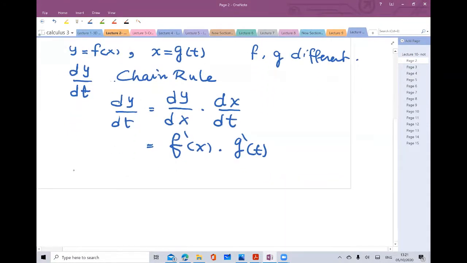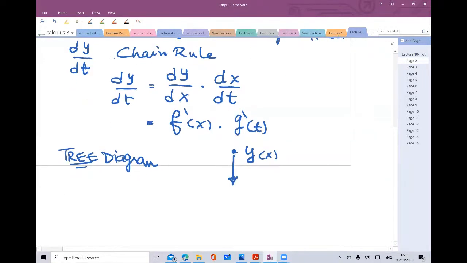If I want to draw a tree diagram, this would be useful in more than one variable. For the idea of this chain rule, we begin with the node where y is a function of x. This node has only one branch coming out, which is the variable x, where x is a function of t.